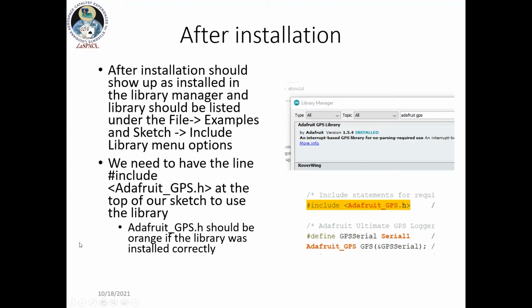The other thing that you'll see is we will be able to declare a new, so this is going to add a new variable type. Like integer, like float, like all of those built-in types, this is going to add a type called the Adafruit GPS type. And so again, if it's correctly installed, when I try and declare a variable of that type, it'll show up orange like that.